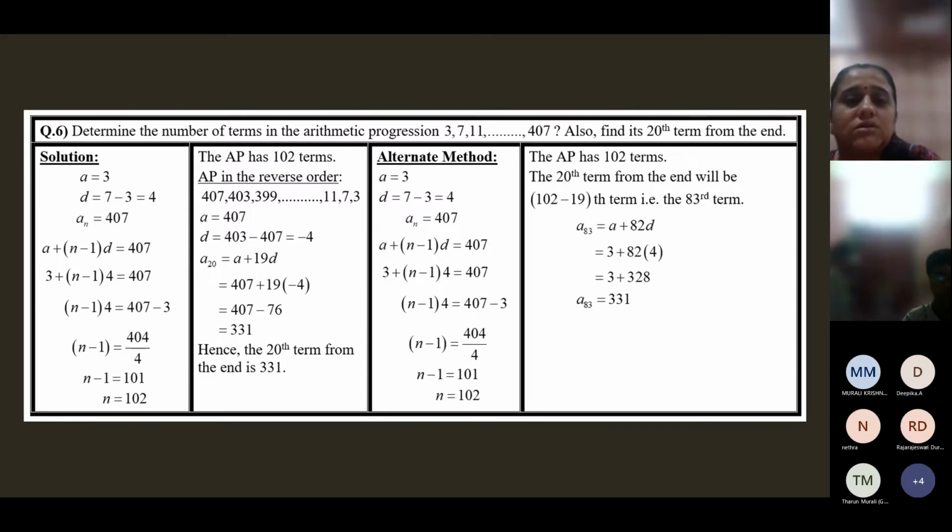Take a screenshot, complete, work this answer. In case you don't understand, whatever it is, we'll see it in the next class.